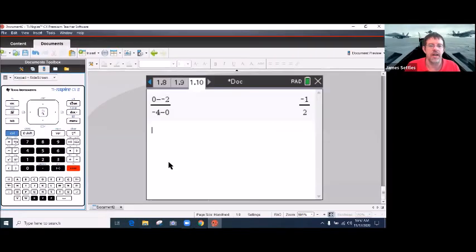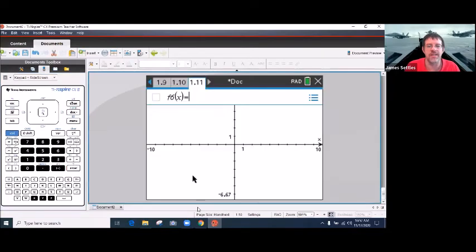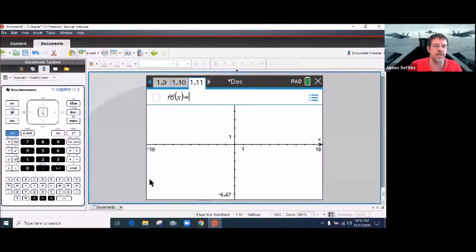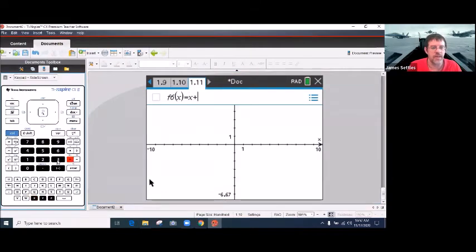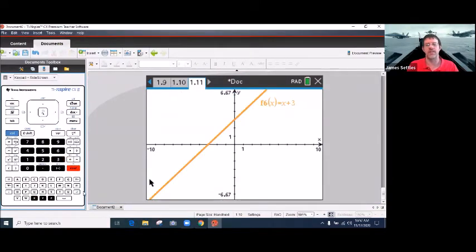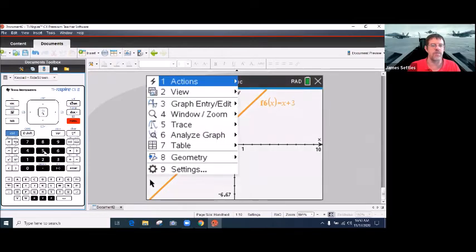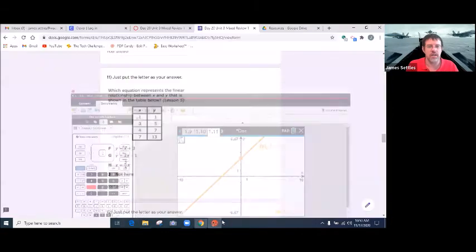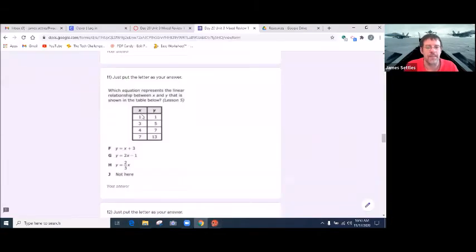Okay. All right. So we're going to plug this into our graphs, and we're typing in x plus 3. Hit enter, and then we're going to hit menu 5, 1. Remember, this 0 right here doesn't tell me anything. So I need to type in my x, which is 1, and see if it gives me 1.